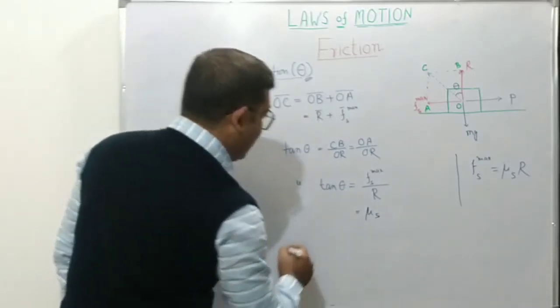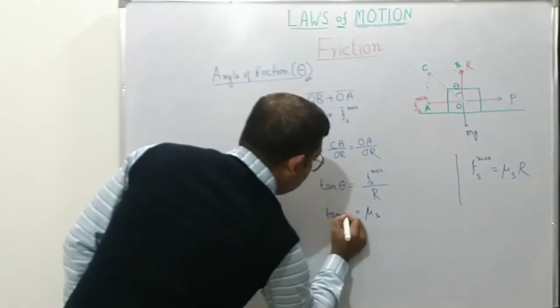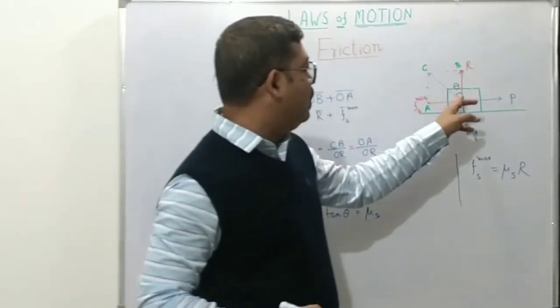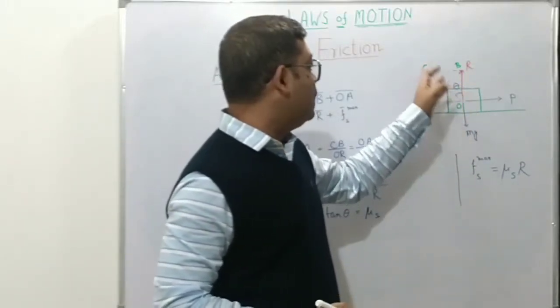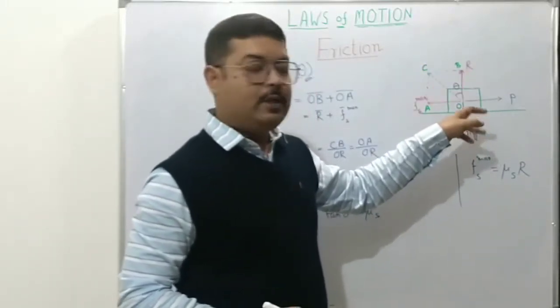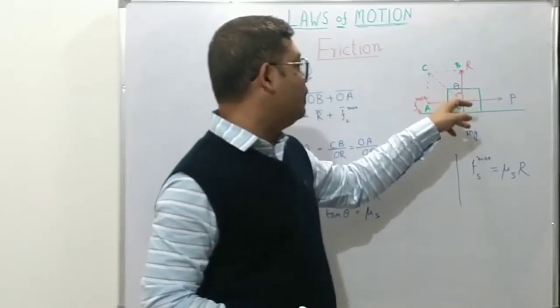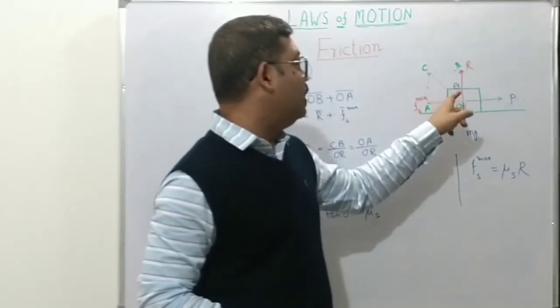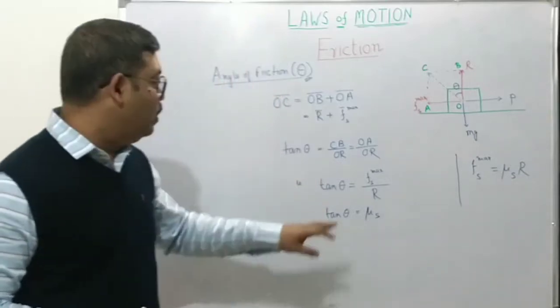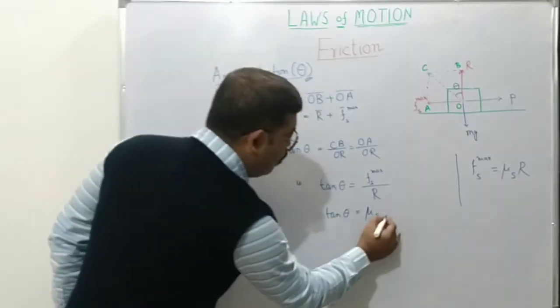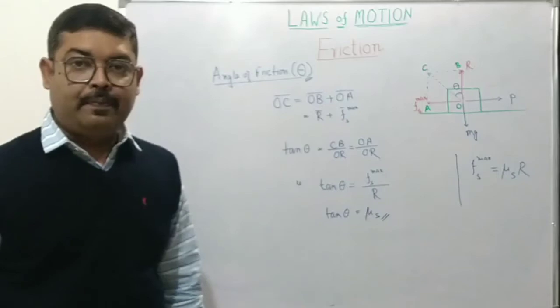So tangent of the angle subtended by the resultant with the normal reaction will be equal to the coefficient of static friction.